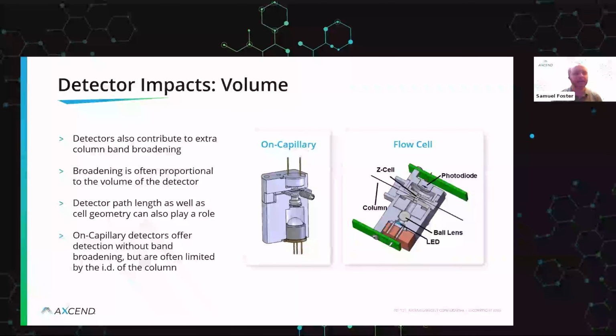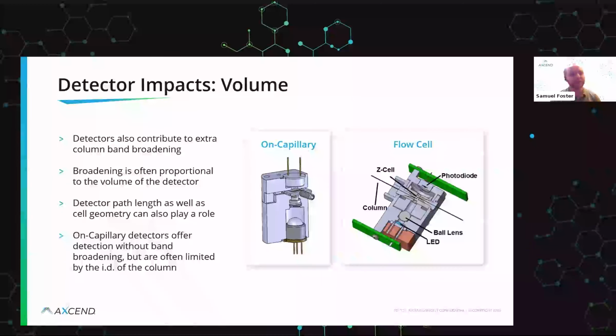Looking over at the detectors, this is sort of the last part of your system. When you're working with detectors, it has to be a balancing act between having sufficient sensitivity and limiting any type of broadening, especially with optical detectors, which are commonly used for absorbance detection. These detectors typically have a path length, right?